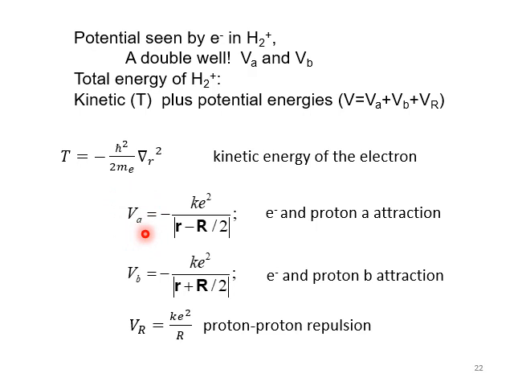The potential for the electron with respect to its position of atom A depends upon the distance from atom A. And for atom B, it's the distance from atom B. And then the distance between the two nuclei because there's a proton-proton repulsion. So those are the terms that are going to go into the Hamiltonian for the simplest approximation here.